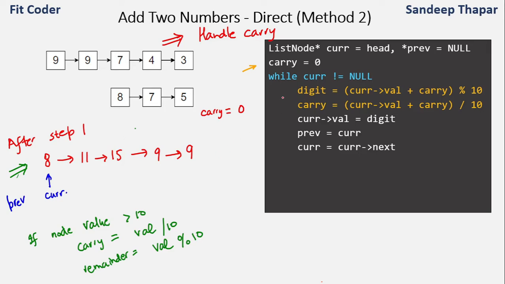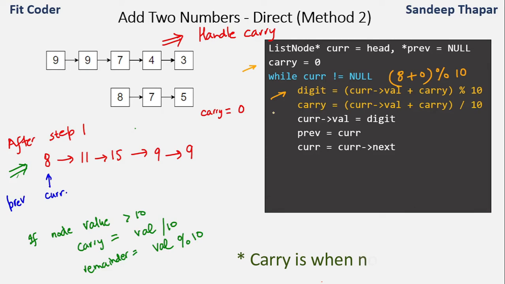So we compute the digit at this position. So we do current value plus carry. So carry is 0, current value is 8. So it becomes 8 plus 0 modulo 10. So this is basically the remainder. Because the number is less than 10, so there is no change. So this digit remains 8.